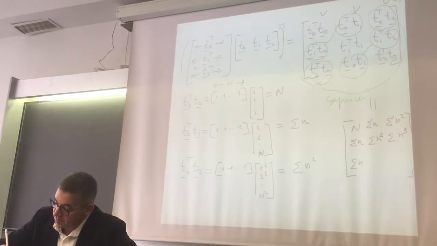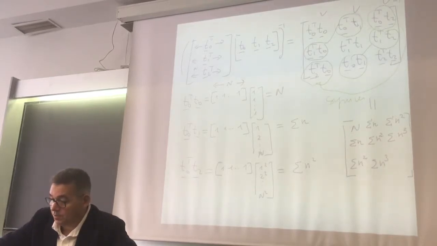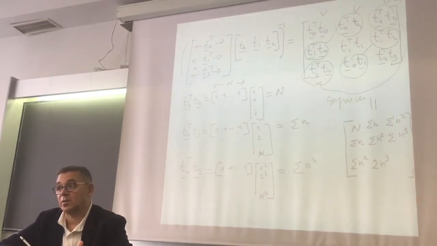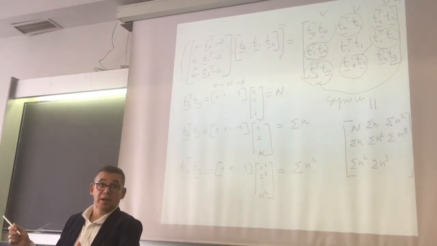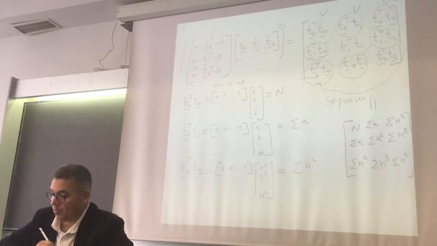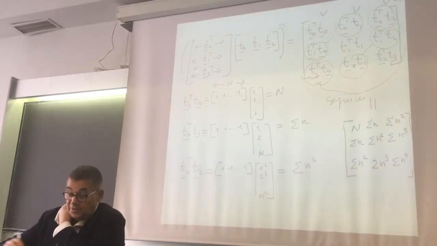Here is n cubed because it's symmetric. And T2 transpose T2 is 1 square times 1 square plus 2 square times 2 square, which is the sum of n to the power 4. Everything to the minus 1.